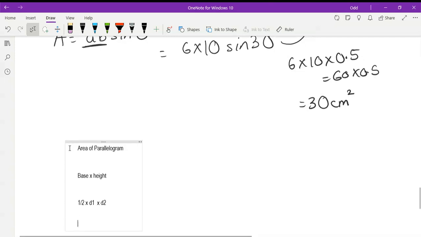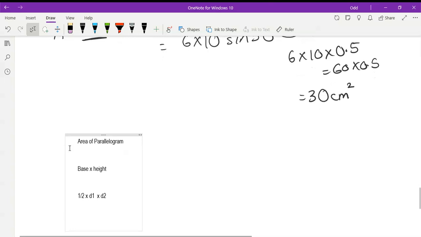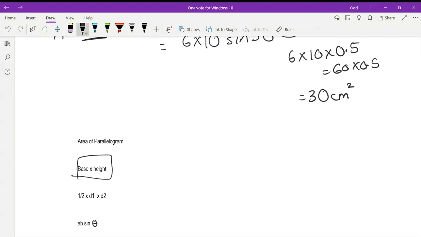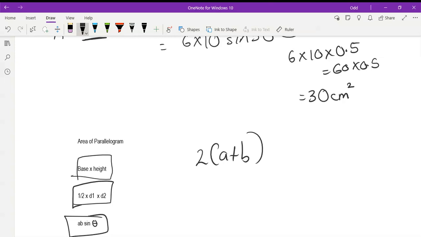And for the last one, we have AB sine theta. This is when you have base and height, when you have diagonals, and when you have angles and just the sides. And then for the perimeter, it's just going to be 2 bracket A plus B. No need for height, you just need to know the sides.